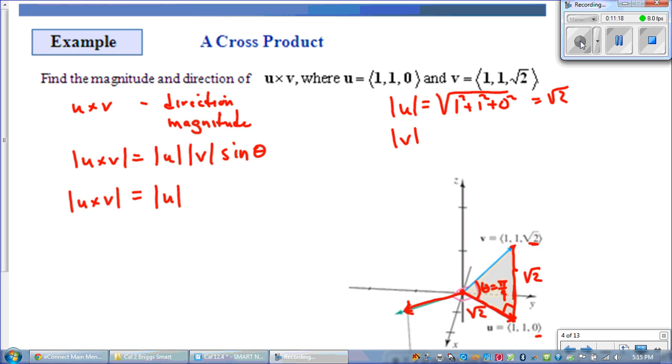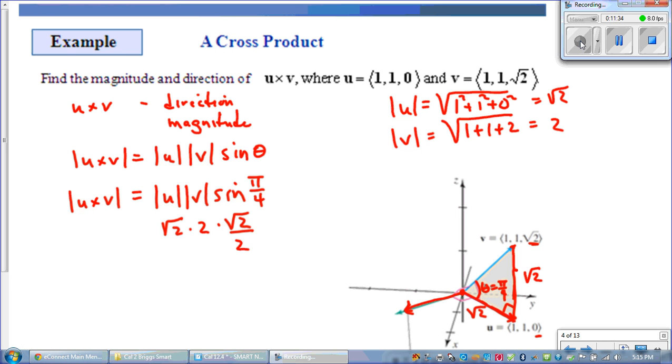The magnitude of v, and then the angle between them is pi over 4. Sine of pi over 4 is the square root of 2 over 2. And we get just 2.